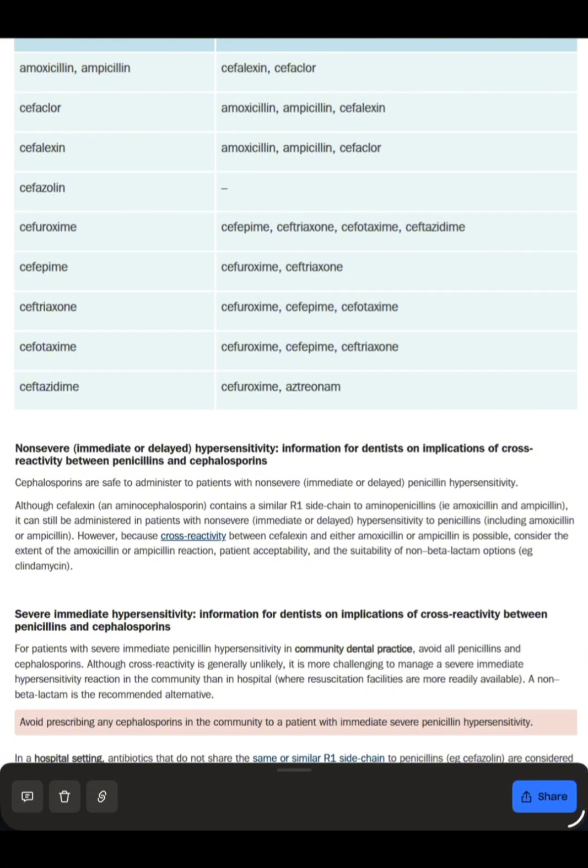Although cephalexin, an aminocephalosporin, contains a similar R1 side chain to the aminopenicillins, amoxicillin and ampicillin, it can still be administered in patients with non-severe immediate or delayed hypersensitivity to penicillin, including amoxicillin or ampicillin. However, because cross-reactivity between cephalexin and either amoxicillin or ampicillin is possible, consider the extent of the amoxicillin or ampicillin reaction, patient acceptability, and the suitability of non-beta-lactam options, for example, clindamycin.